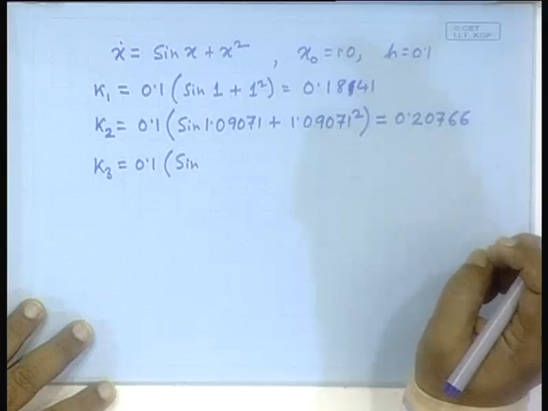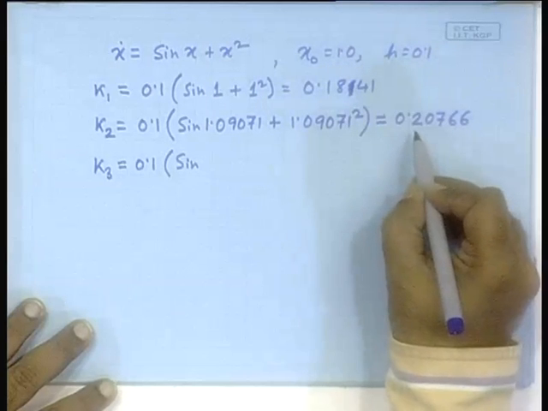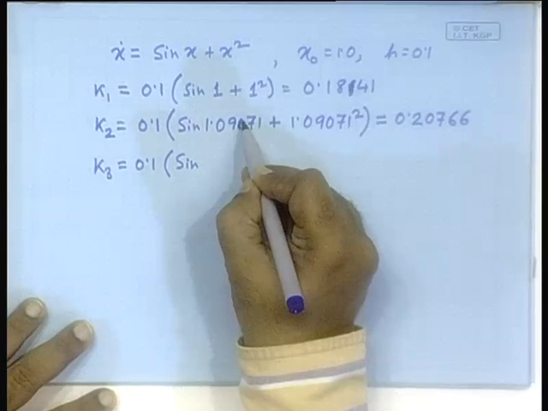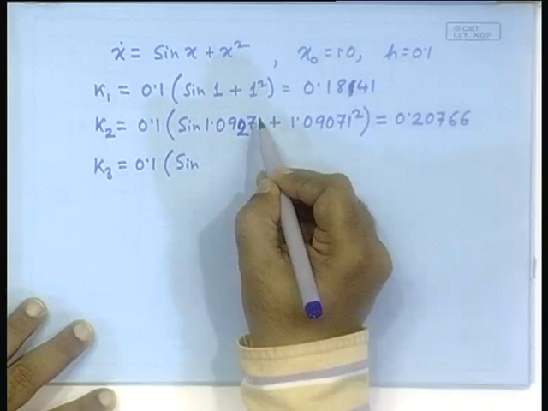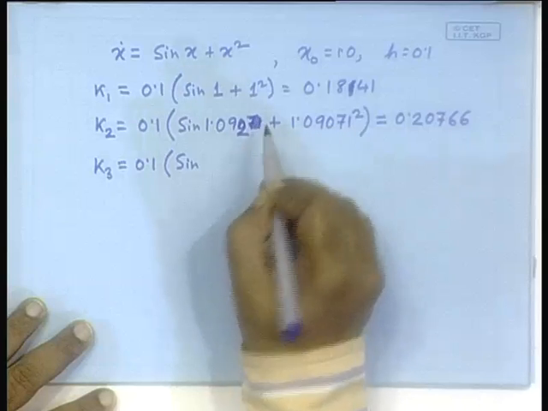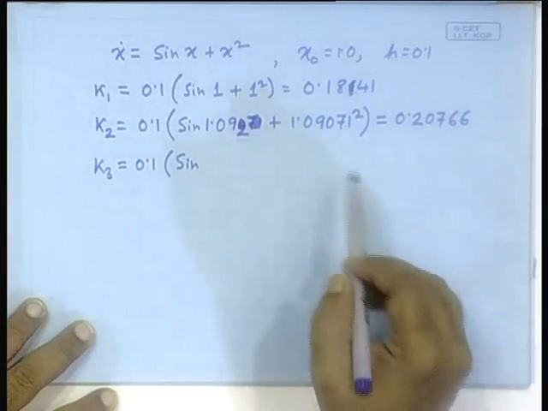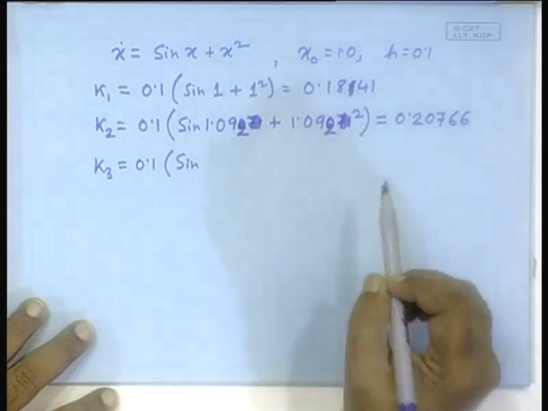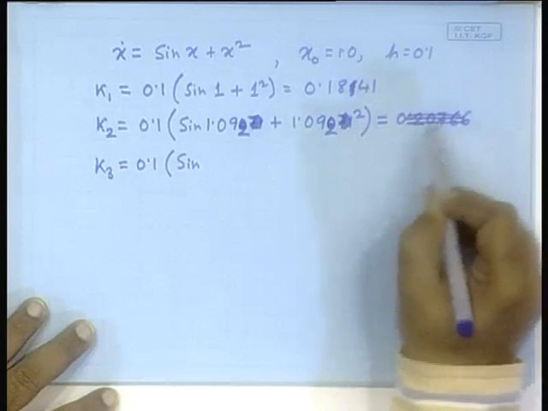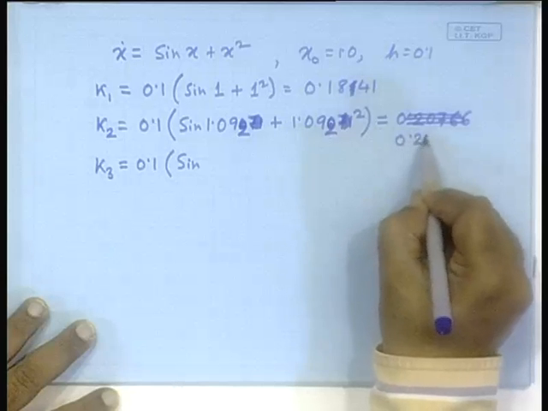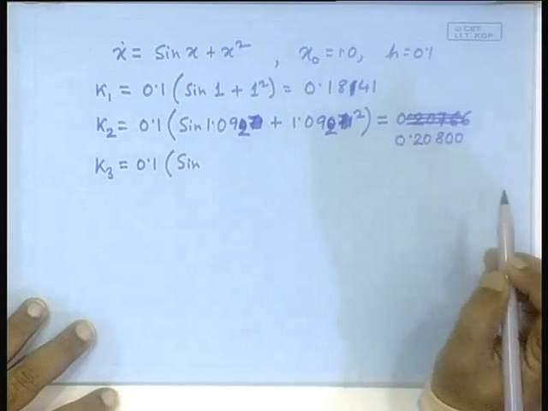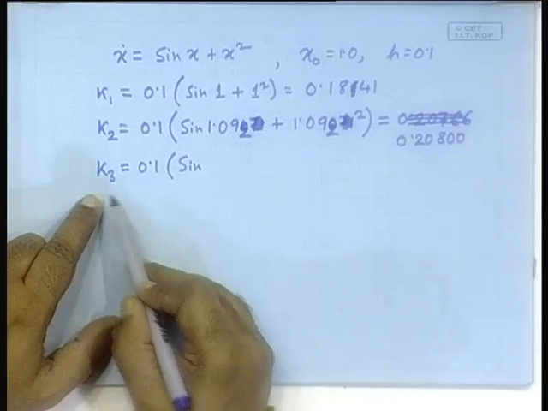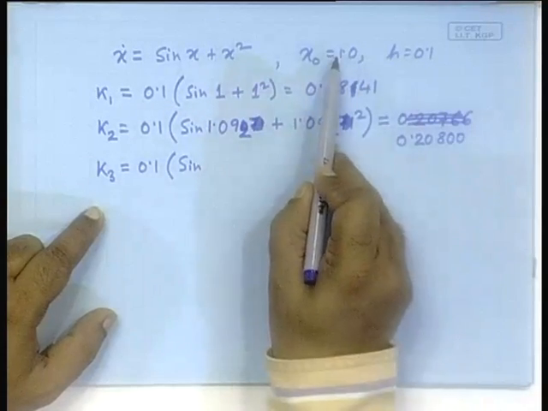Okay. So what is the result of this step then? So to change, sine 1.092, and this one would be 1.092 square. Can you tell me what is the right hand side? 0.20800. Good. So now k3 will be calculated with sine 1 plus half of this.